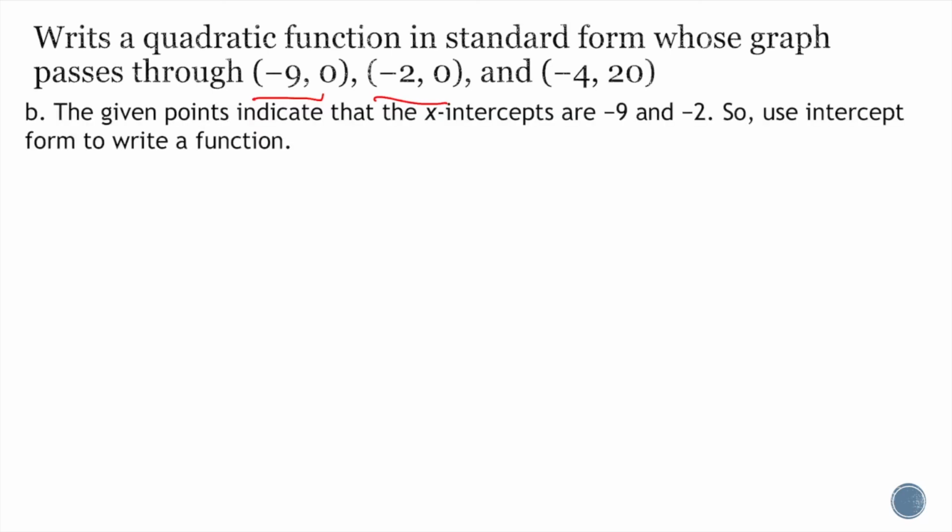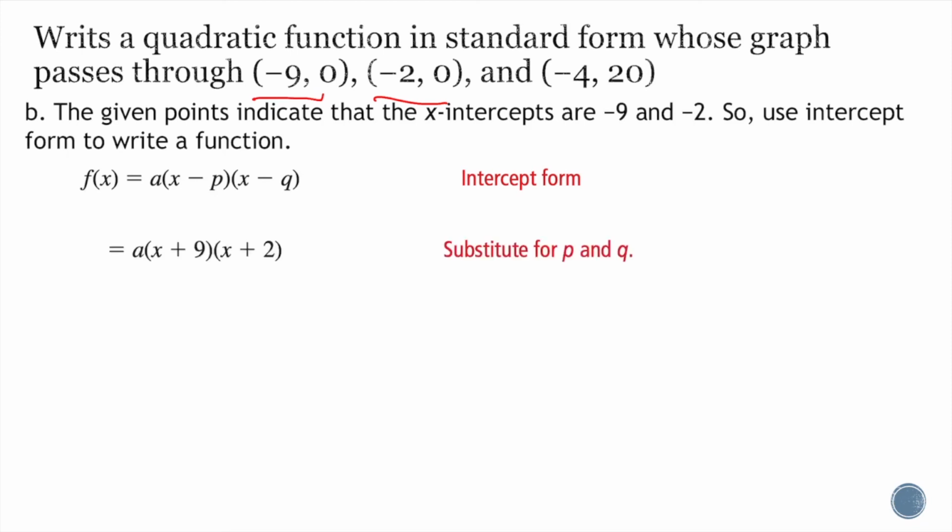So I'm going to use intercept form to write my equation. Again, a times the quantity x minus p times x minus q. Substituting those values again, x minus -9 times x minus -2.